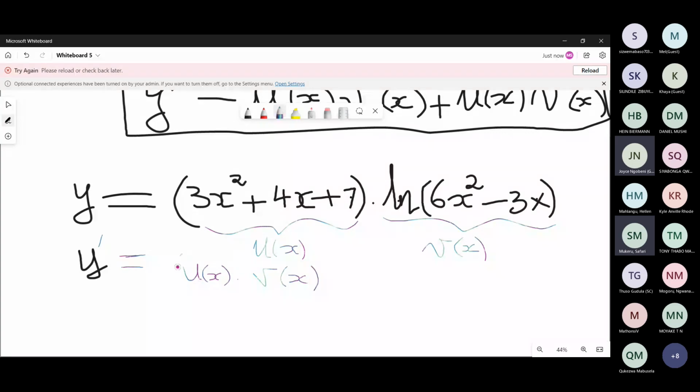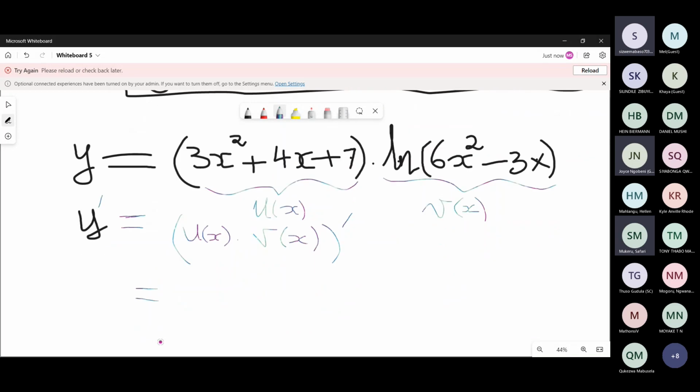Let me first do y prime equals, and how do we find this? What is the derivative of u? First you give me the formula.